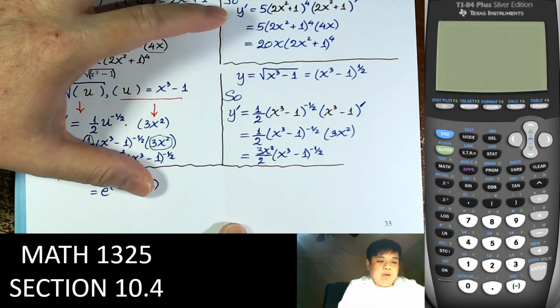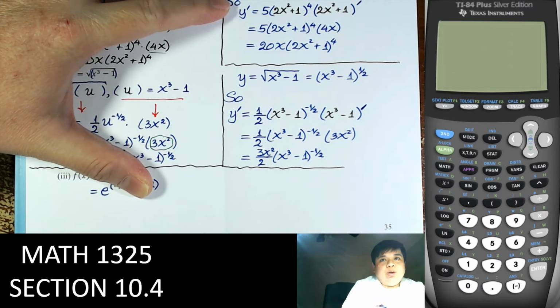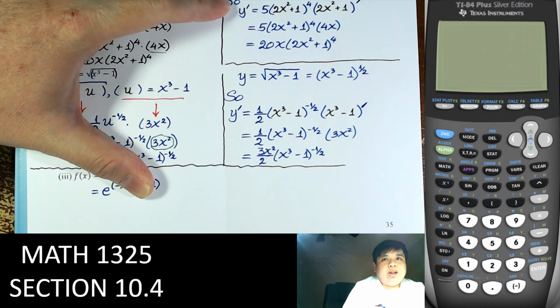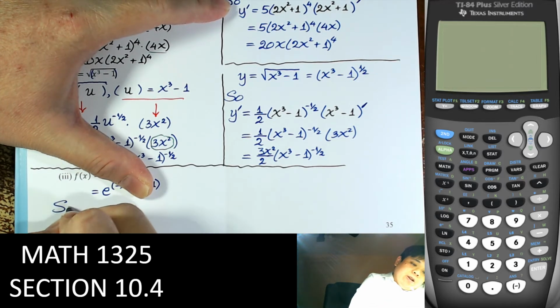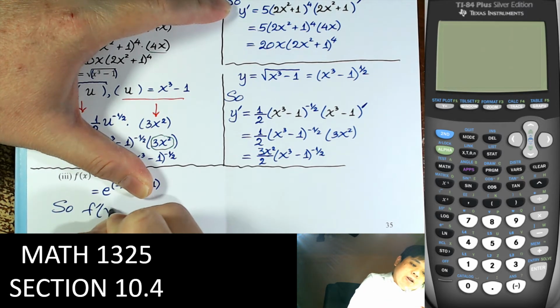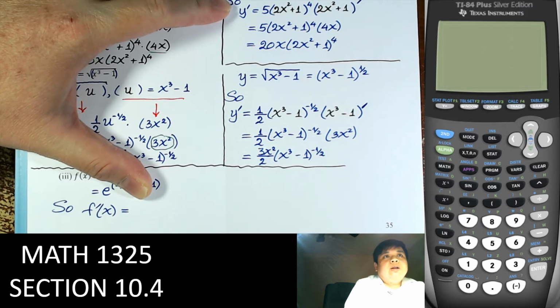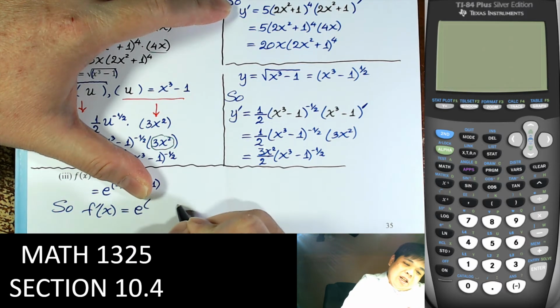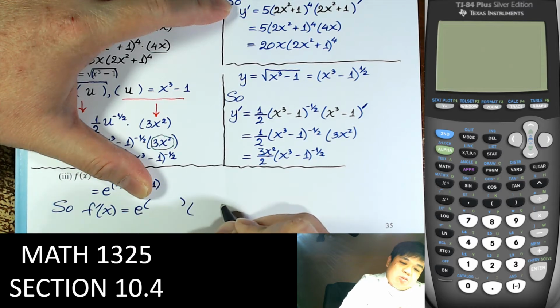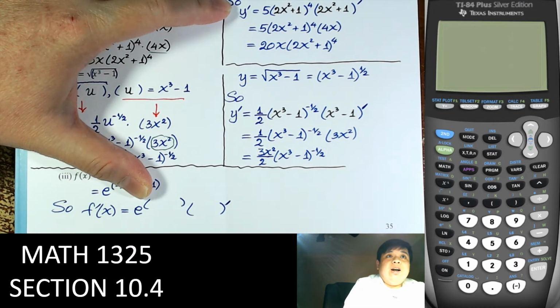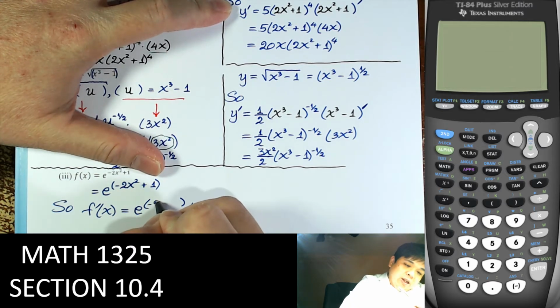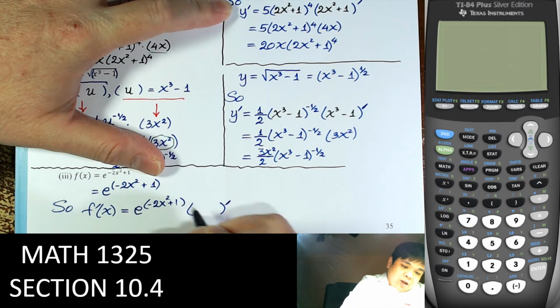So we have the derivative of e to something, that is the exponential rule. The derivative of e to something is the same thing, and the chain rule says multiply by the derivative of whatever is in the parentheses, which is negative 2x squared plus 1.